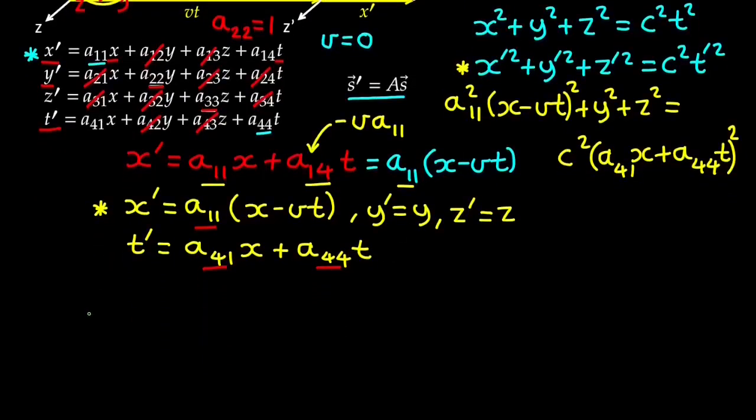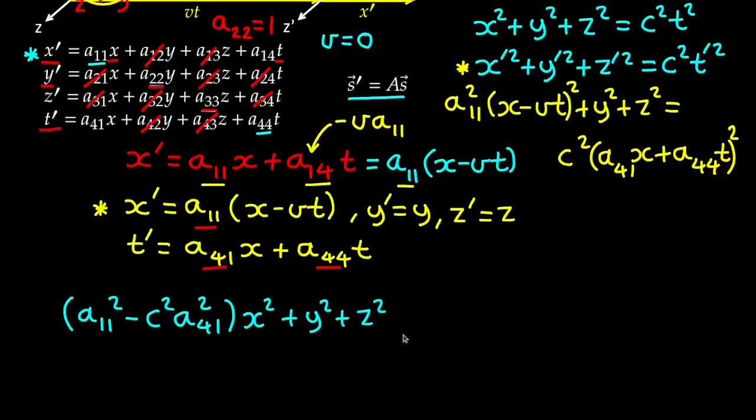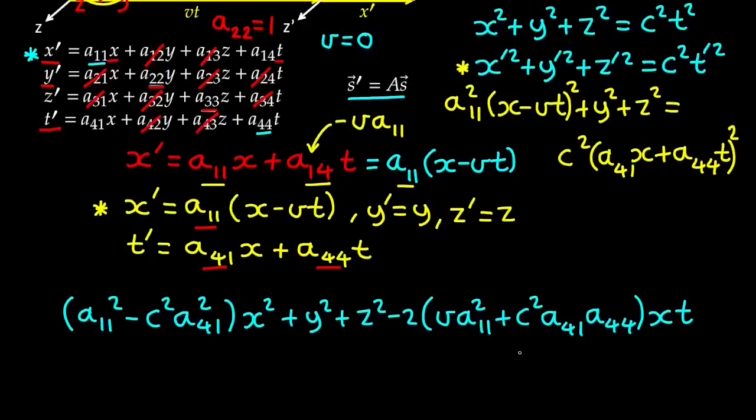So we have the coefficient of x squared is a11 squared minus c squared by a41 squared, plus y squared plus z squared, and the remaining terms are minus 2 by v by a11 squared plus c squared by a41 by a44, and that's multiplied by xt, and that's equal to the coefficient of t squared by t squared.